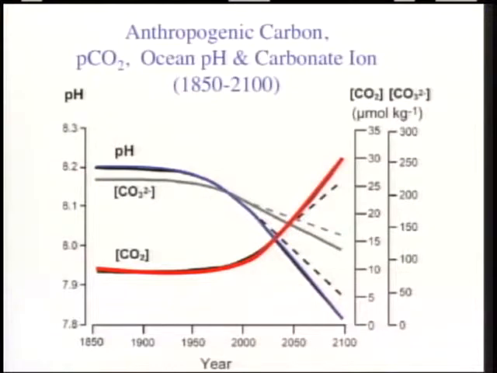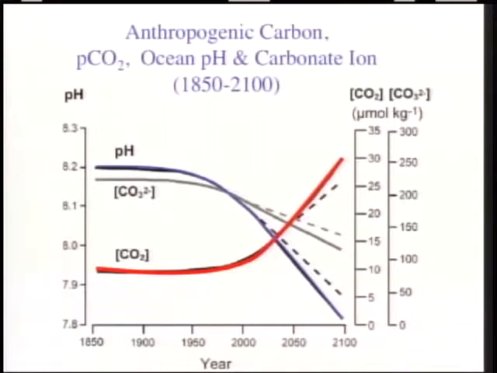As Thorsten mentioned, there's been a rise in CO2, and this rise in CO2, at least till present, has been mitigated in part by the fact that the ocean is absorbing a large percentage of the CO2, and that's been good for the rise in CO2, not so good for ocean chemistry. As a consequence, the pH has been dropping, and along with that, the concentration of carbonate ion.